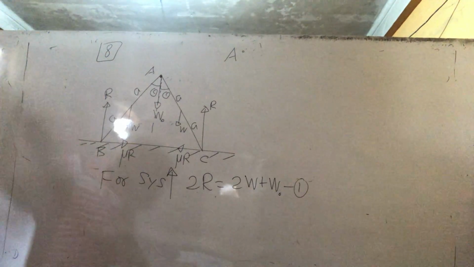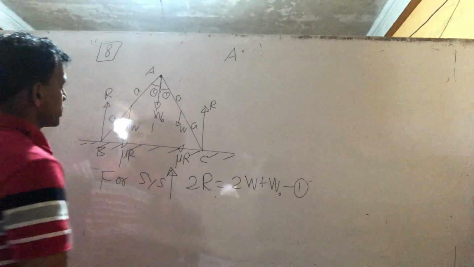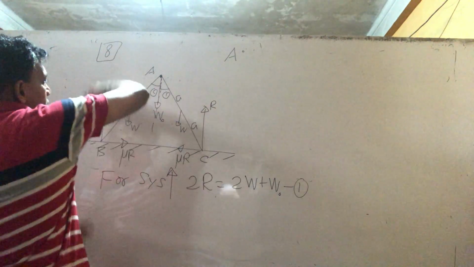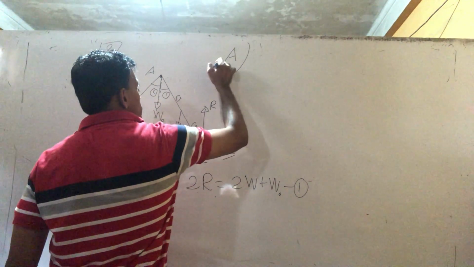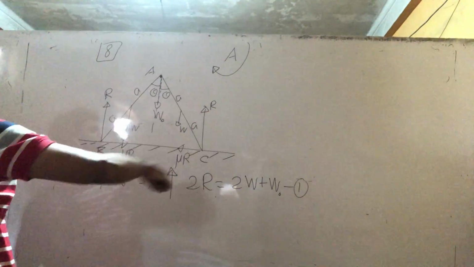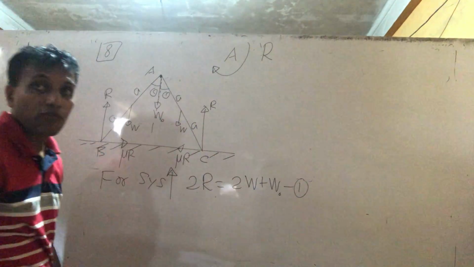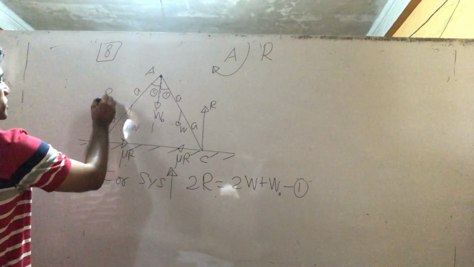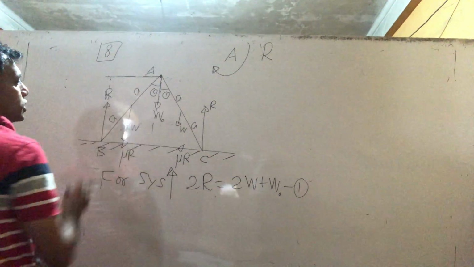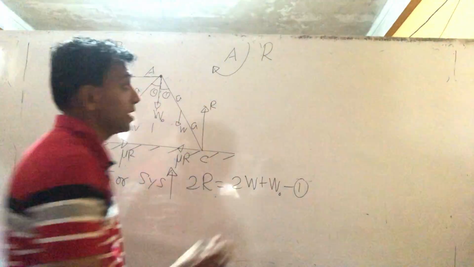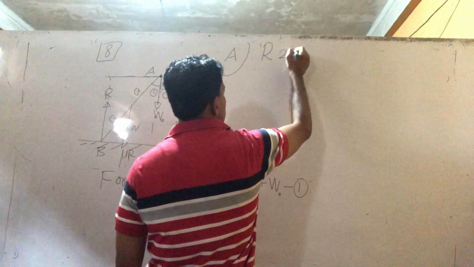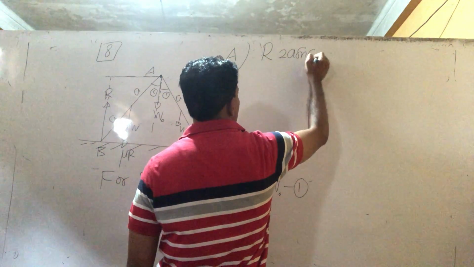Can you take this W direction, or W naught direction, or R direction? R into force into distance. R is the force, but the distance, this part, 2a sine theta, right? 2a sine theta.